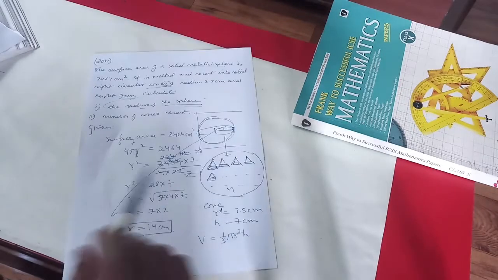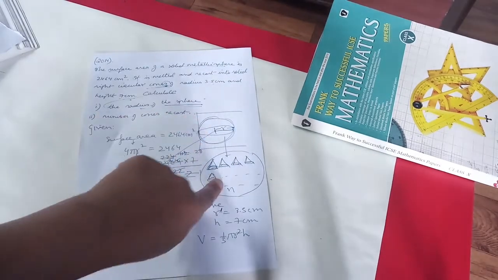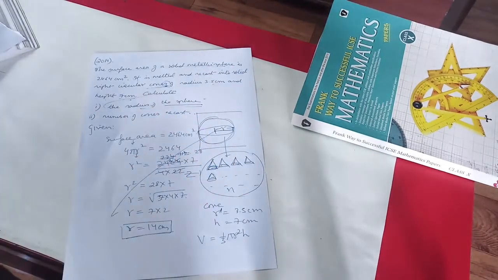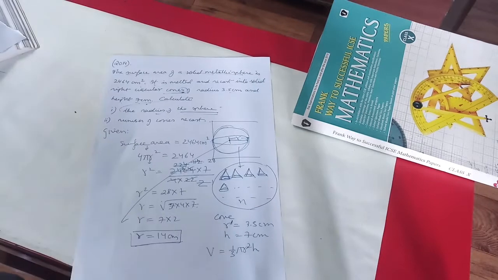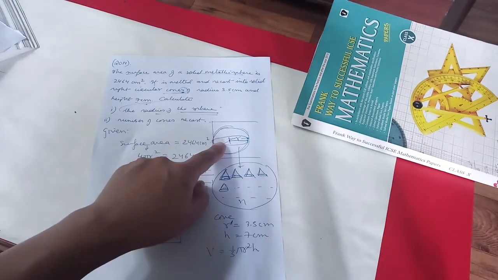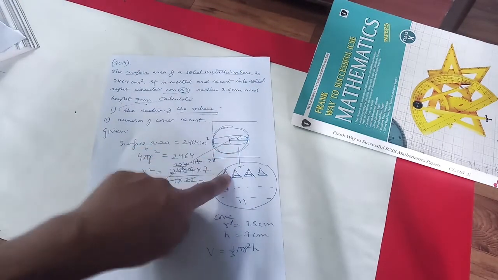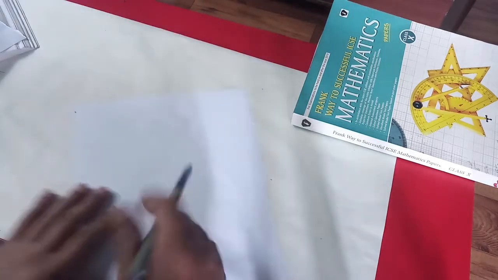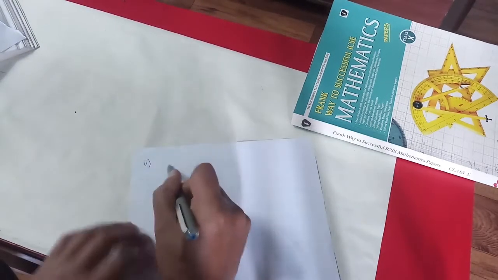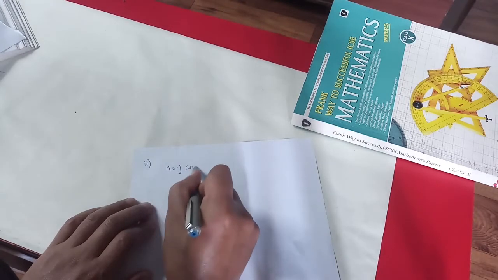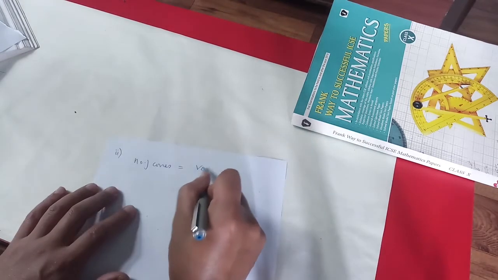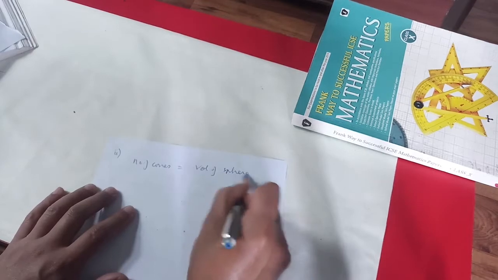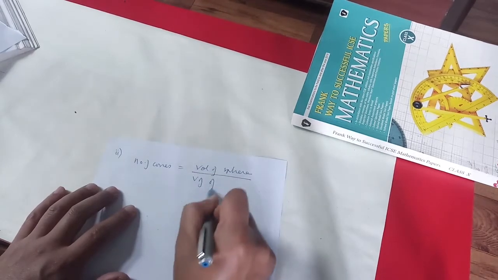When one solid is converted into many solids or into another solid, what will remain the same? The volume will remain the same. So the volume of one sphere will be equal to the volume of n number of cones. Therefore, the number of cones will be equal to the volume of sphere divided by the volume of cone.